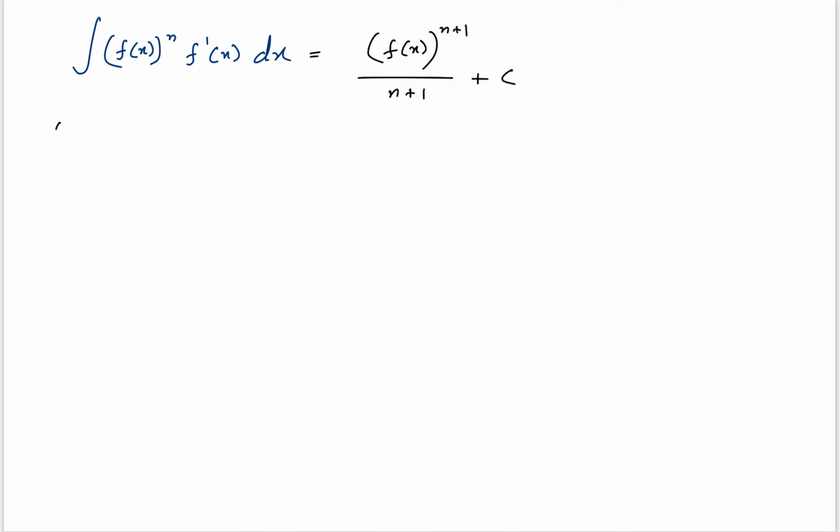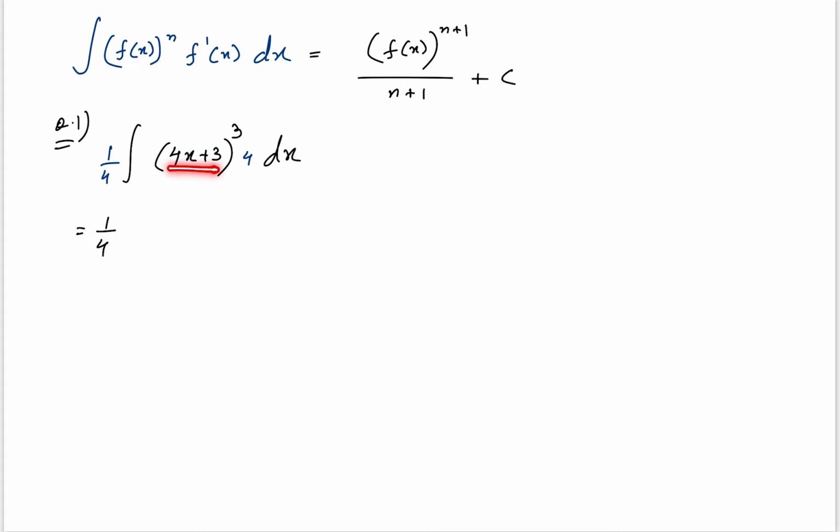Like if there is a question of 4x plus 3 whole to the power 3 dx, this is a function having power on it, and we check whether its derivative exists. The derivative of this function is 4, so we can multiply by 4 here and divide by 4 here. Now it is perfect to be solved using the power rule.